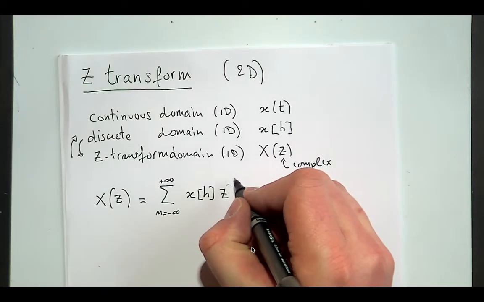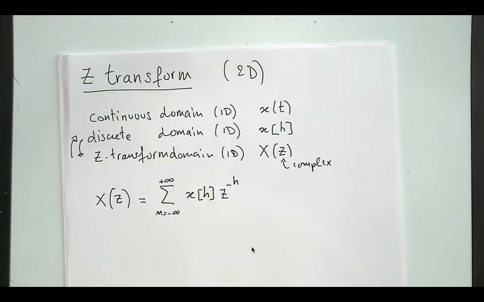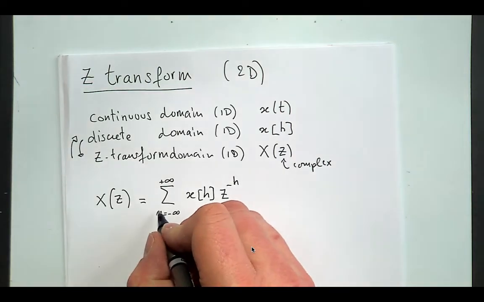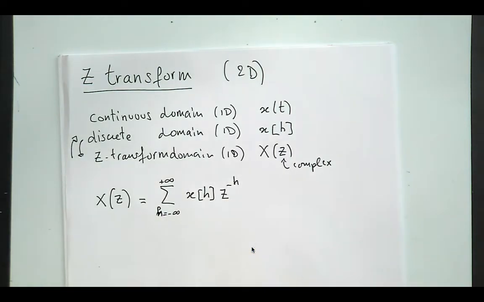Sorry, it's h, not n. So it's of my integer h, where h is the index of where you are, the position in your signal.